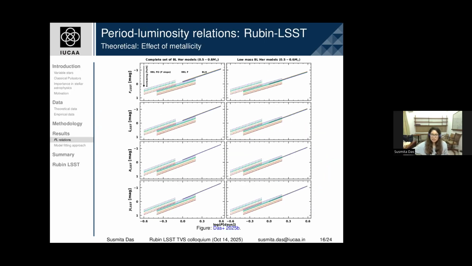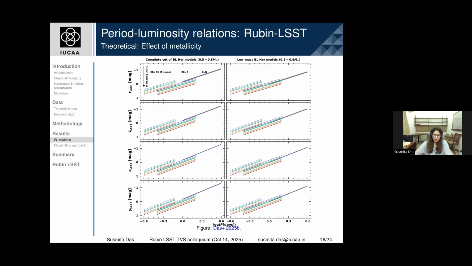Coming to the results, we of course also have period-luminosity relations over all of the different passbands that we have been discussing: Johnson-Cousins, Gaia, and Rubin-LSST. But for this talk, we have included only the period-luminosity relations in the Rubin-LSST passbands.